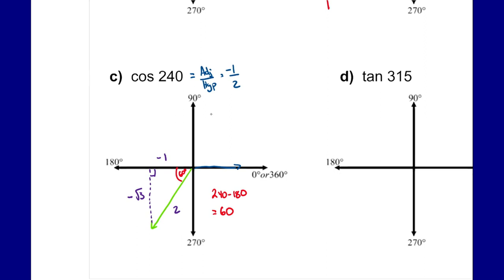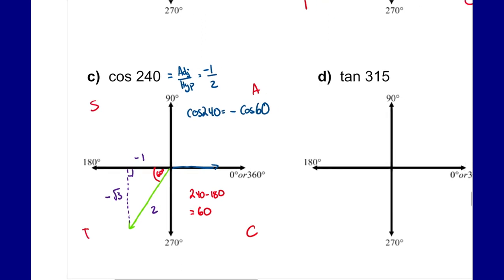Or I could think of it as cosine 240 is equal to negative cosine of 60, because of that negative ratio. And again, that does make sense because of C, A, S, T, only tan is positive in this quadrant.